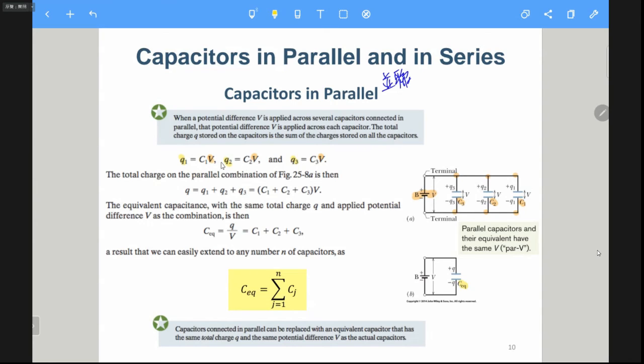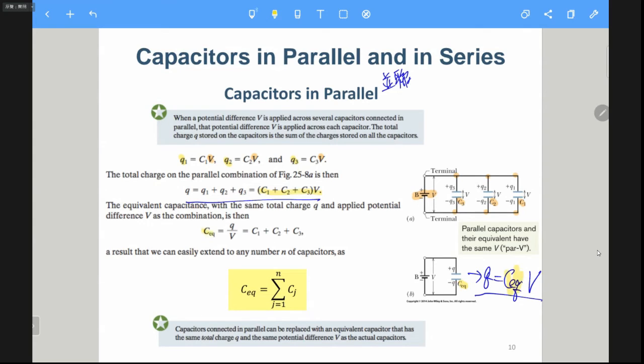And we can substitute this term here. So we get C1V plus C2V plus C3V. And then we can just factor out V, so we get C1, C2, C3 times V. And for this one, we can simply have Q equals CEQ times V. Comparing this one with this one, we should get CEQ equals C1 plus C2 plus C3.